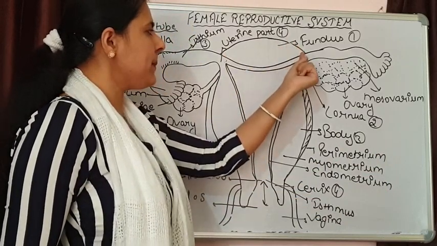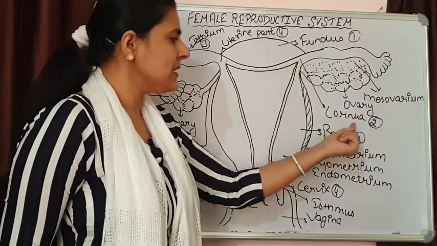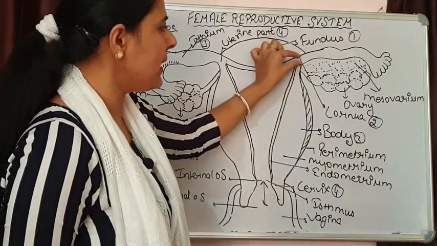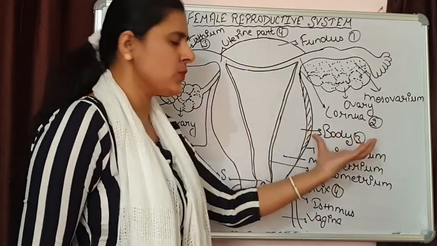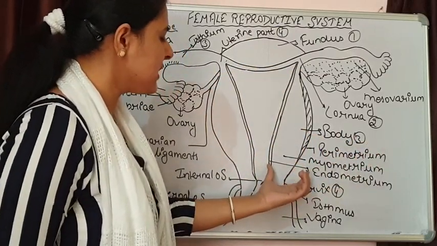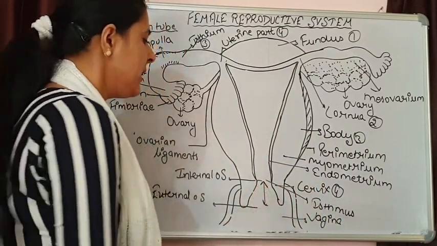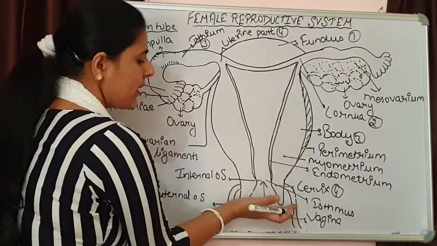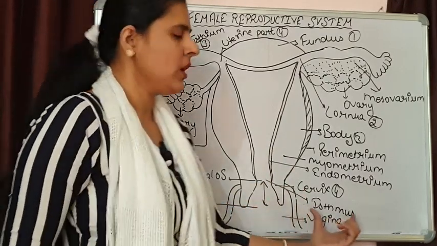This dome shaped upper structure is known as fundus. Then the cornua is there, the narrowed down part in which the fallopian tube enters. Then the main region, that is the body, and the last structure that is present is the cervix, the narrower part. Now here the uterus ends and a structure starts, that is the vagina.